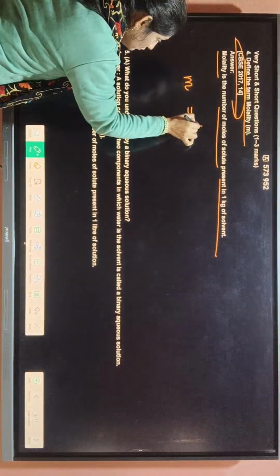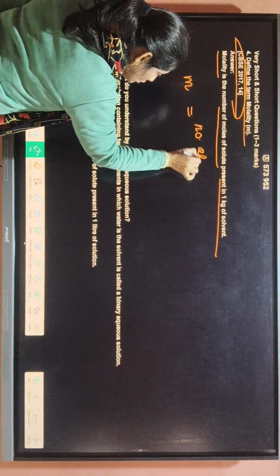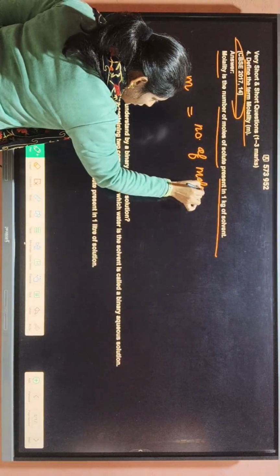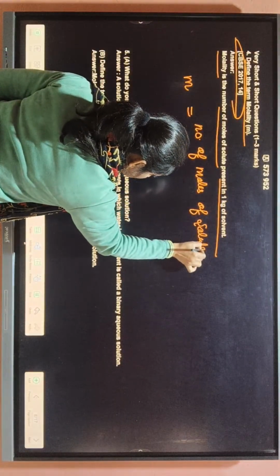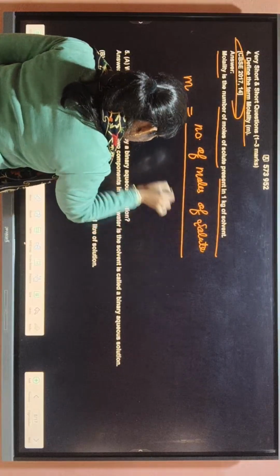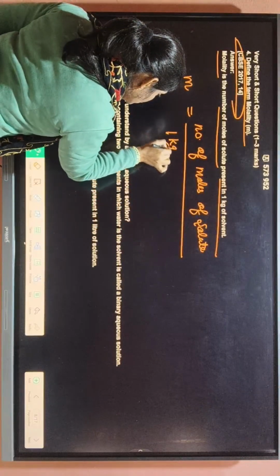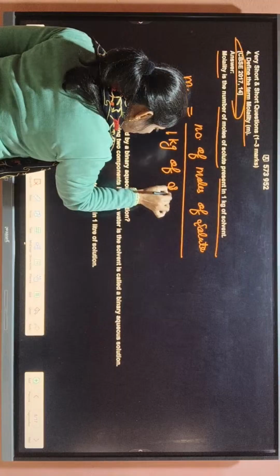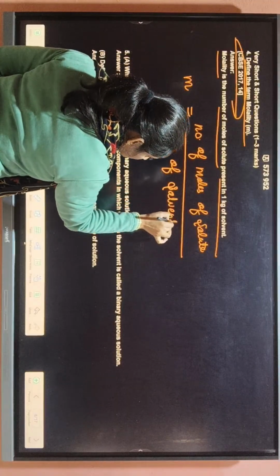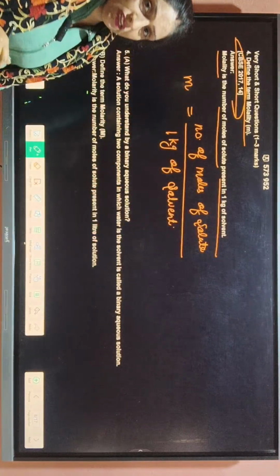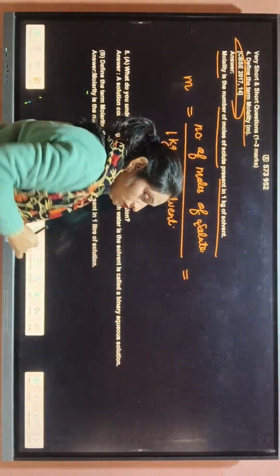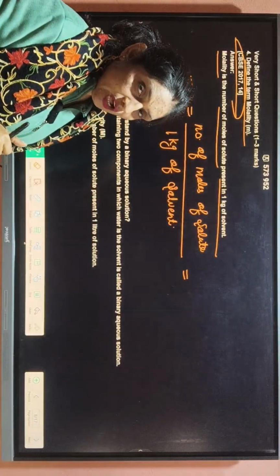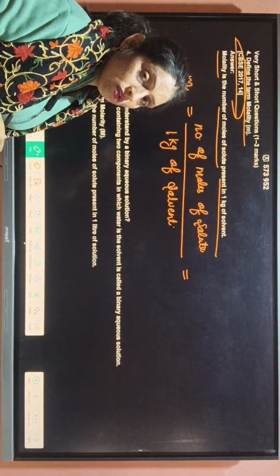So it is number of moles of solute divided by 1 kg of the solvent. So students, if amount is given, moles are not given, then first of all you need to convert into moles. How can you convert amount into mole?